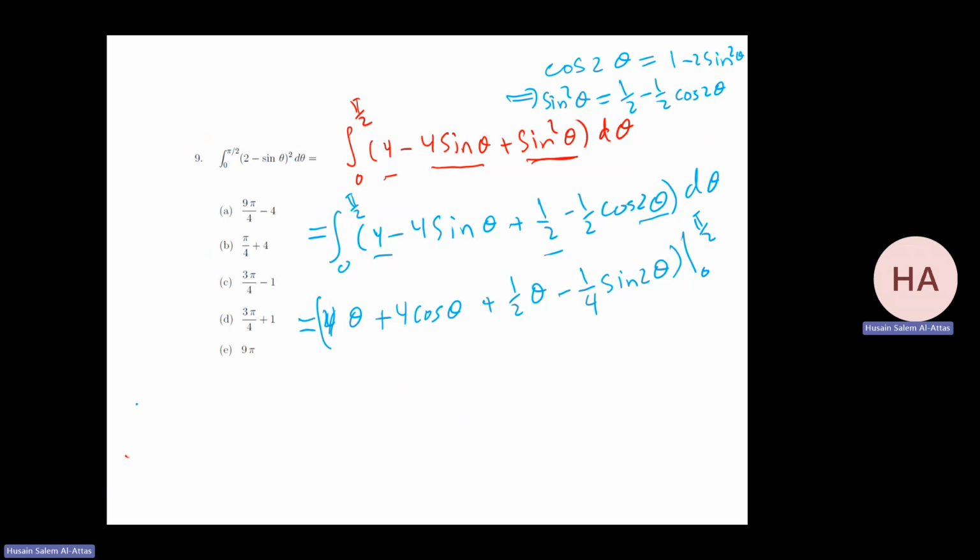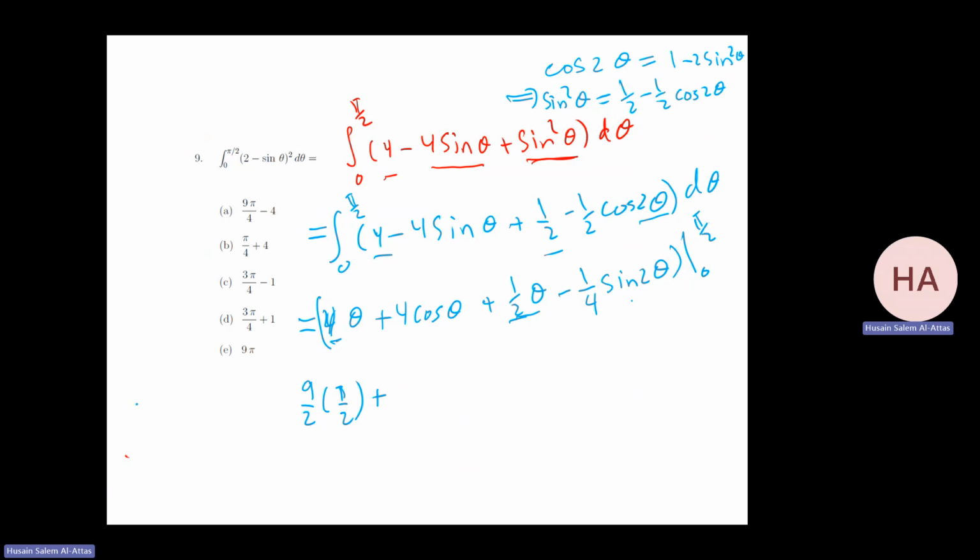Okay, now let us do the calculation. I have 4 plus half, that will be 9 over 2, times pi over 2, plus cosine pi over 2, that is 0. Gone.